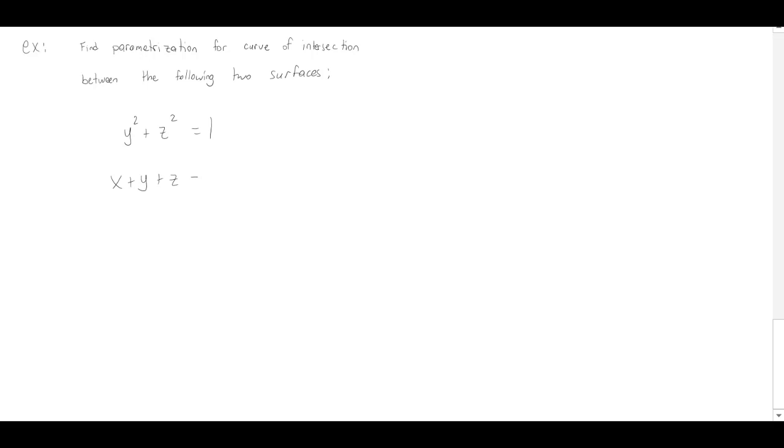Doesn't really matter. Okay? All right, so first, do you guys recognize what surfaces are being described by these equations? Looking at the first equation, y squared plus z squared equals 1, what kind of surface does that describe?